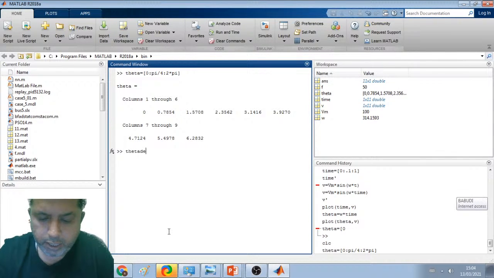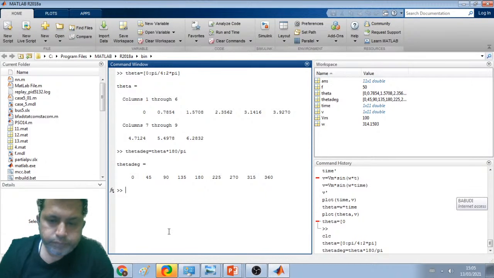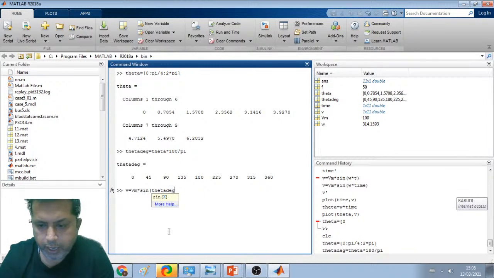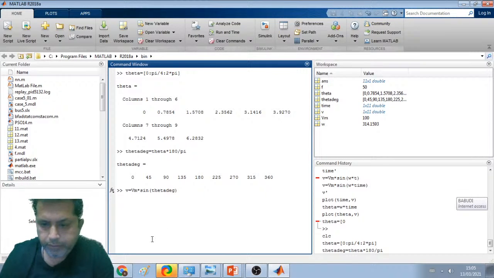So theta degree is equal to theta star 180 divided by pi. Okay. Now V equal to Vm star sine theta degree, that is omega t.